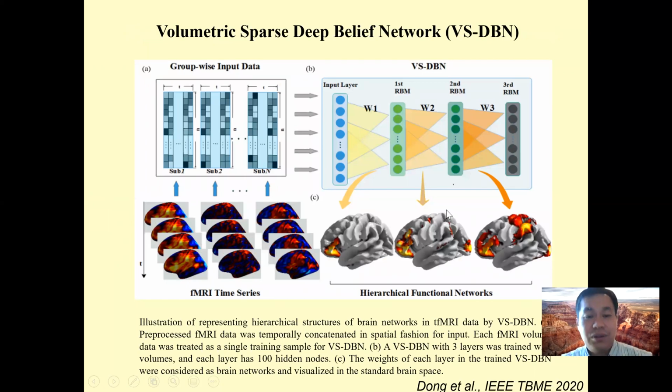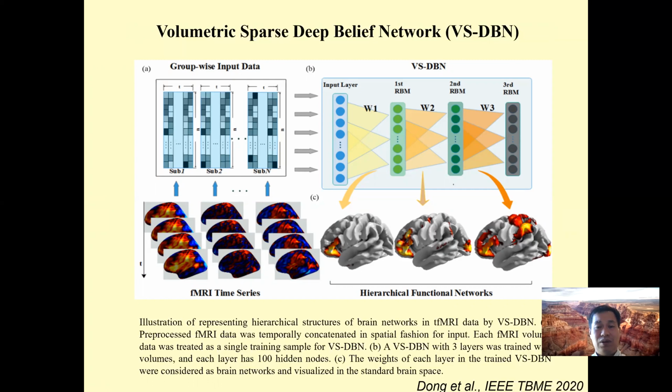Okay, so far we have talked about sparse coding and deep learning. We talked about the recognition of spatial brain networks by convolutional neural networks, and also modeling the time series in the temporal domain using a convolutional autoencoder. Then we designed a spatial temporal convolutional neural network to extract brain networks at the same time.